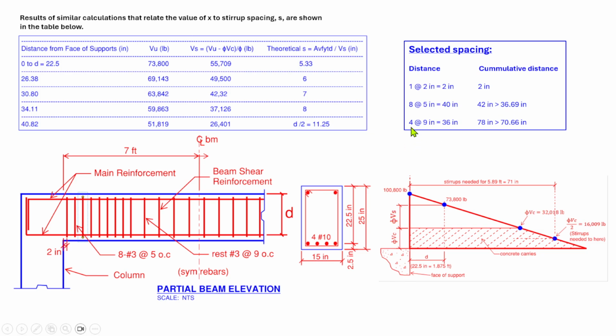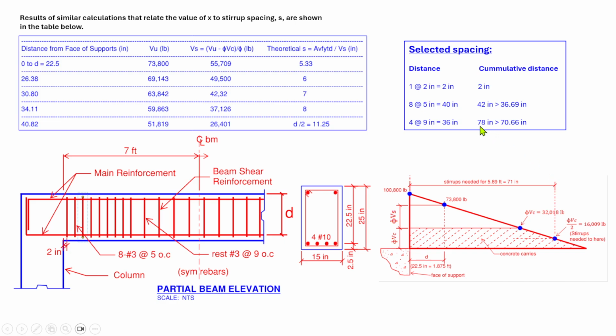Then we still have to provide 9 inches spacing on center. So roughly 4 stirrups at 9 inches on center, that would be 36. So 36 plus 42, that would be 78. If you remember, this 70.6666 is this one here, from here to there.